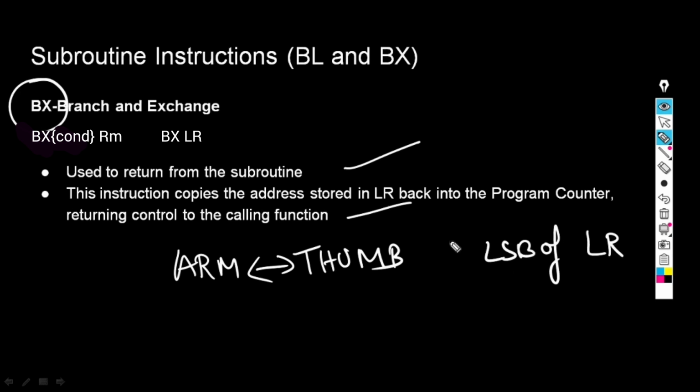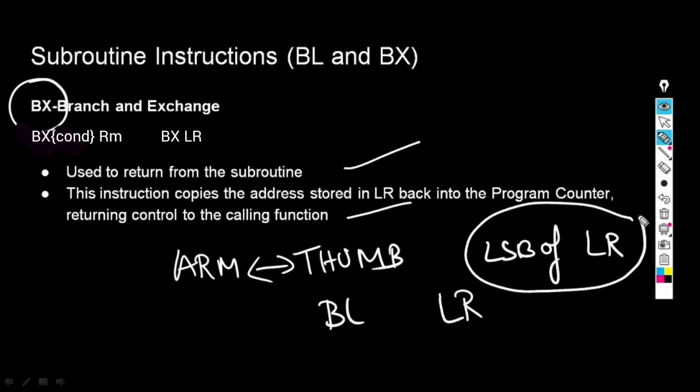One thing you should remember, BL never changes the modes. BX is the one which changes mode. When you are using BL, we know LR, that is link register, is updated. During that time, based on what value is set in the LSB of LR, the BX instruction returns back to ARM or thumb.